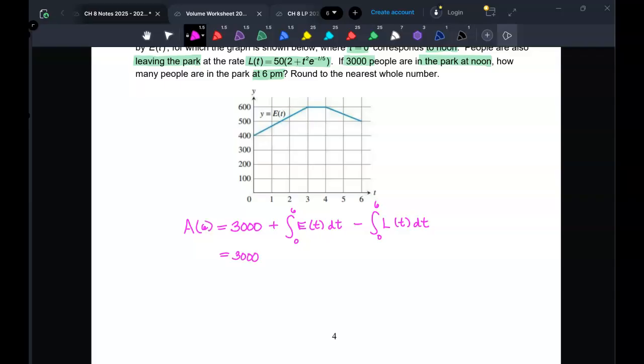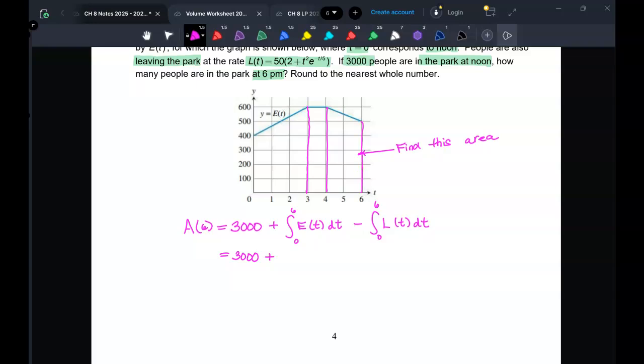So how are we going to find the integral from 0 to 6 of E of t dt? You could use your calculator, but we need to figure out the area under this curve, so you have to separate it. You could do trapezoids. I could split it up like that.